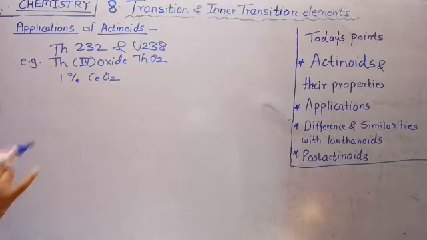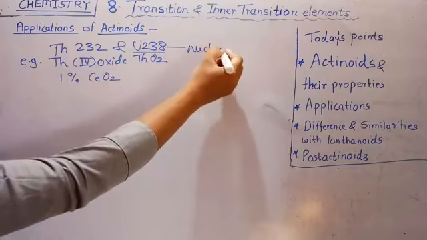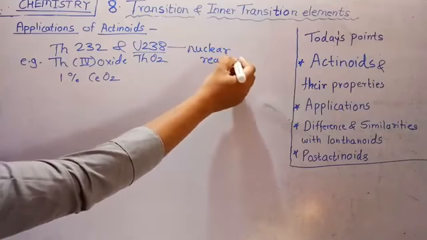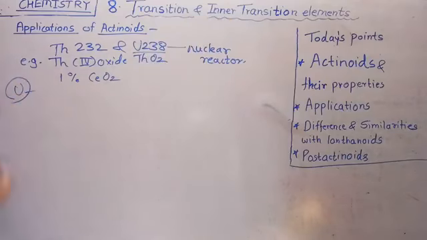Then there is another actinoid, uranium. Uranium also has an application in nuclear reactors. Uranium is another actinoid that is in great demand, used in nuclear reactors. But how is this uranium extracted from the ore? The extraction of uranium shows interesting chemistry.